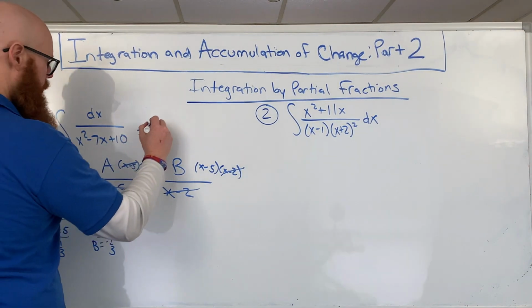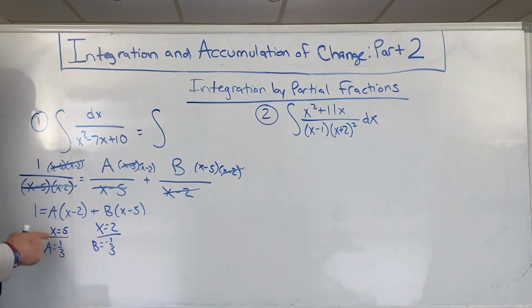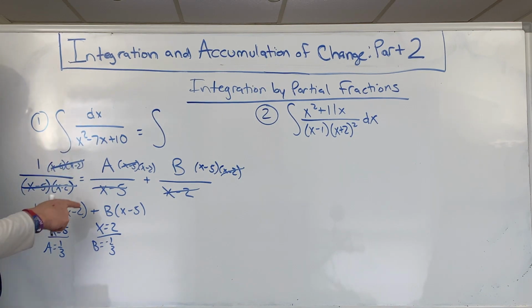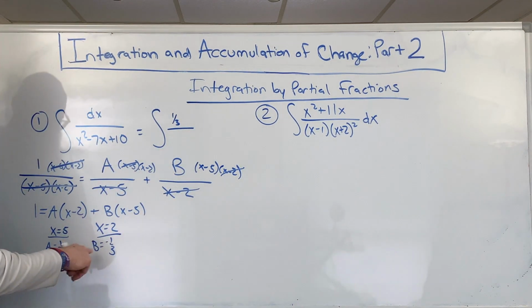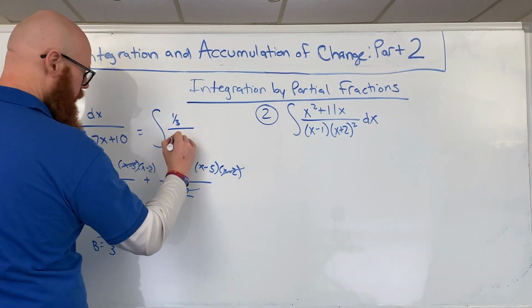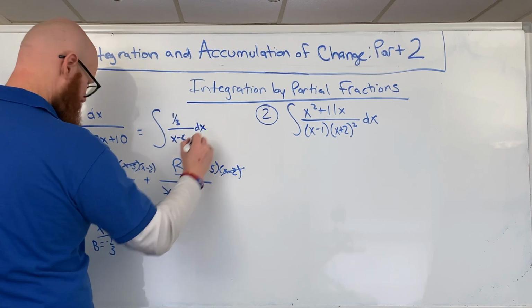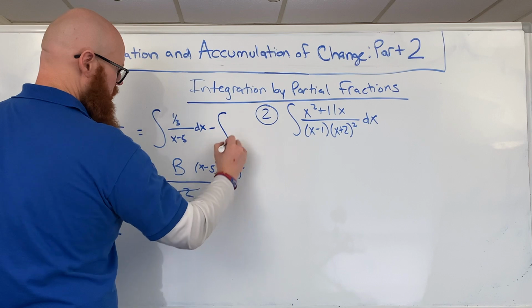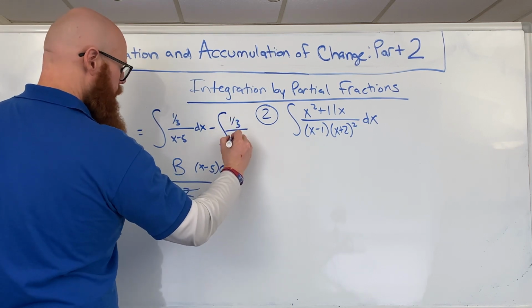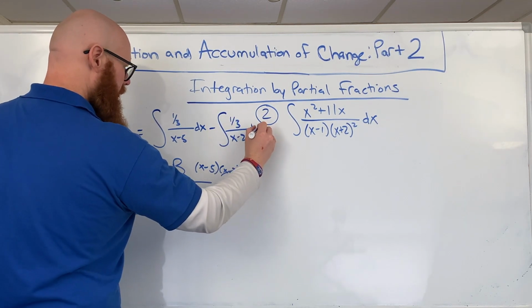So if we go back up here, now we have two separate integrals. This can be written as 1/3 over x minus 5 dx. And then if this is negative 1/3, I could think of it as minus 1/3 over x minus 2 dx.